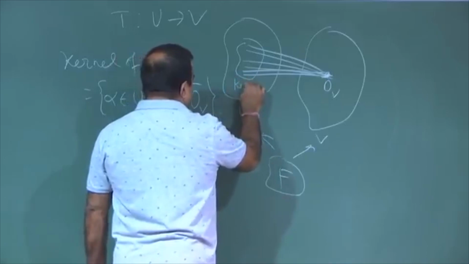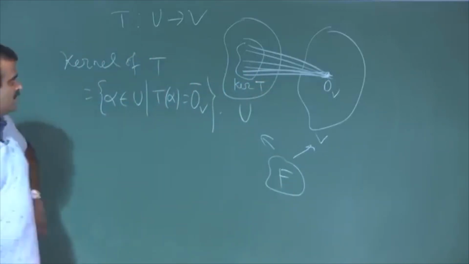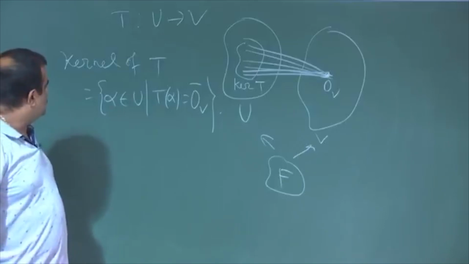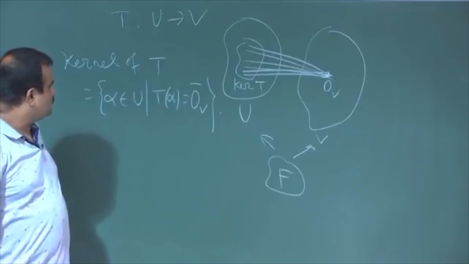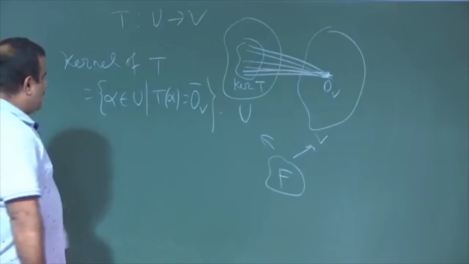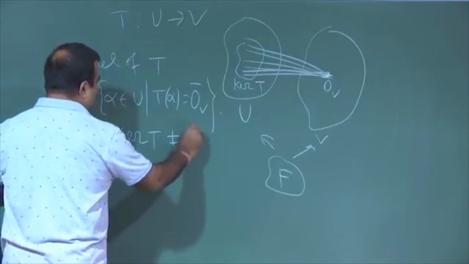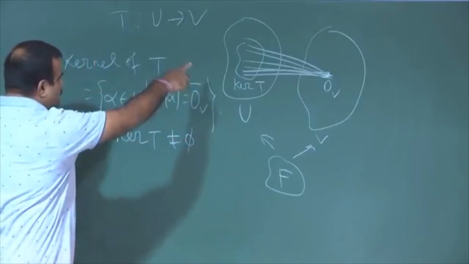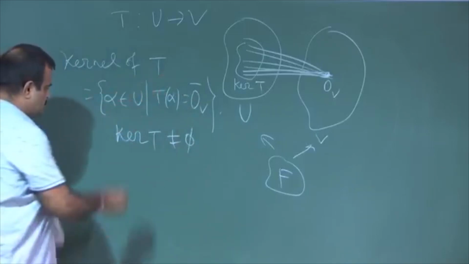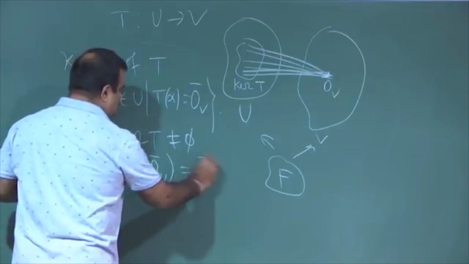In short it is written as KER, ker of T, kernel of T. Okay. So, now this kernel of T is not empty. Why? This ker T is not empty, because we know the 0 vector of U is there, because just now we have seen T of this is basically going to 0_V.